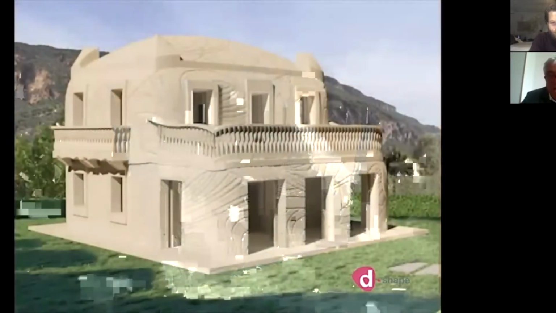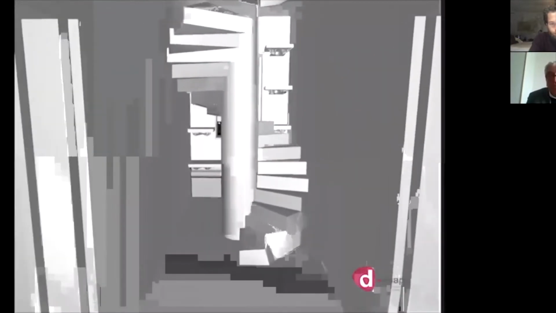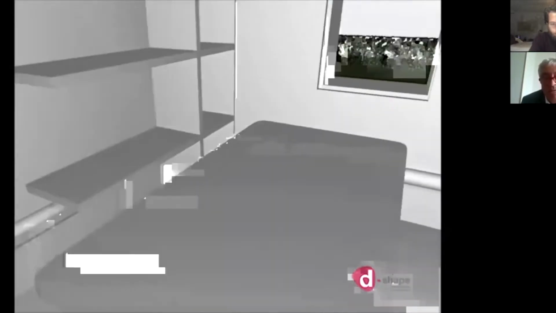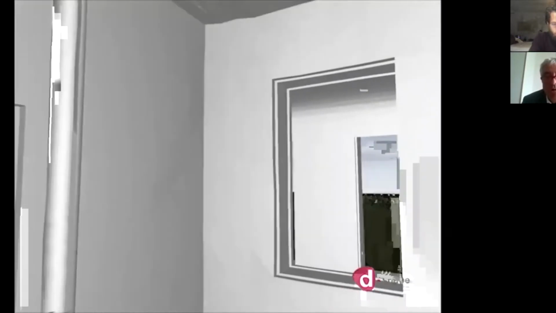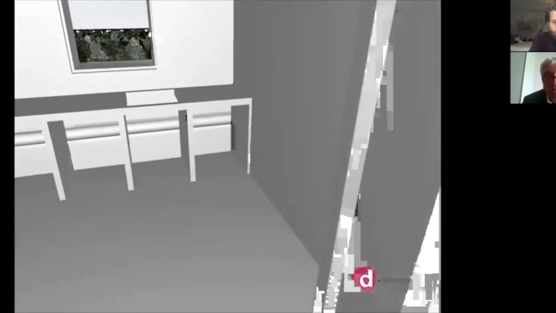Yeah. And wow. You see how the 3D printed home might look after the evacuation of the unbound aggregates.